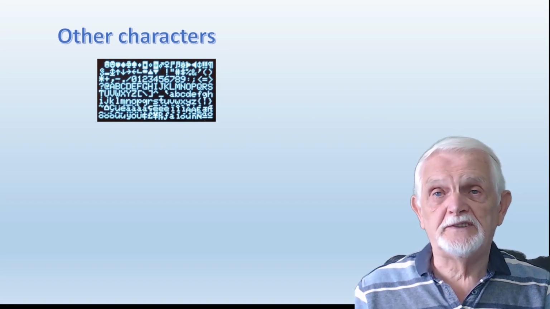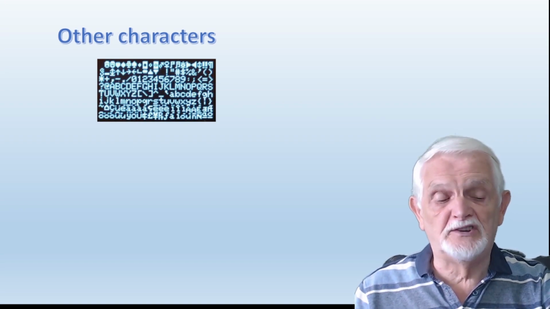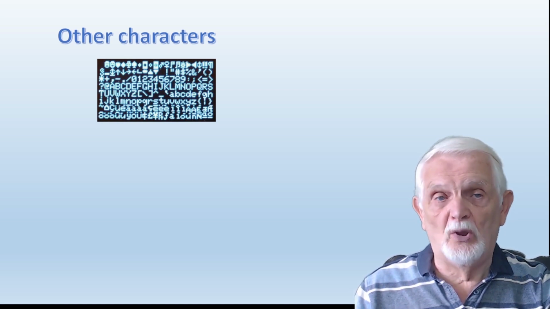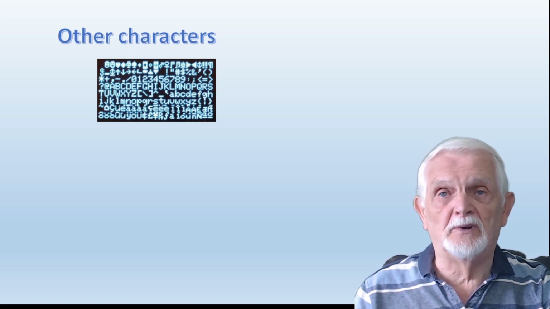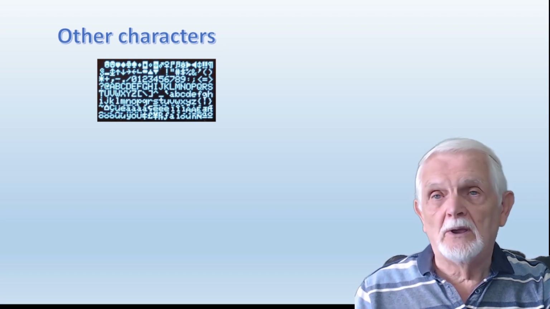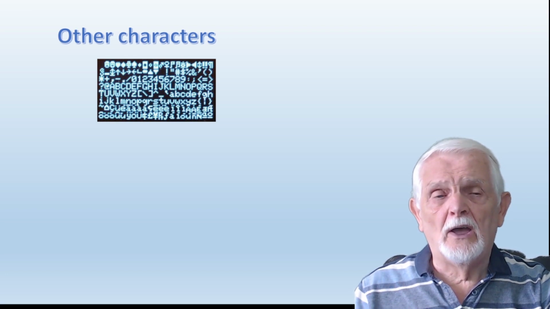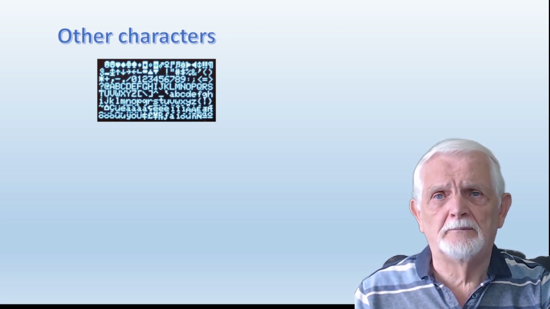But you've noticed that the OLED display can show not just numeric and alphabetic values, but all various characters like dollar signs, colons, all that kind of stuff. How do we access them?